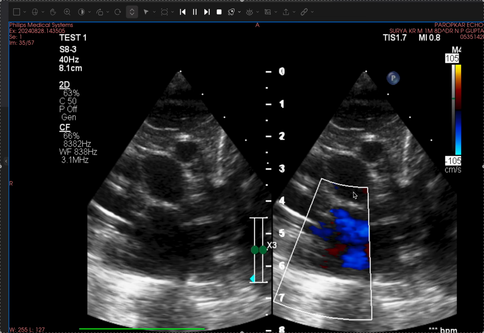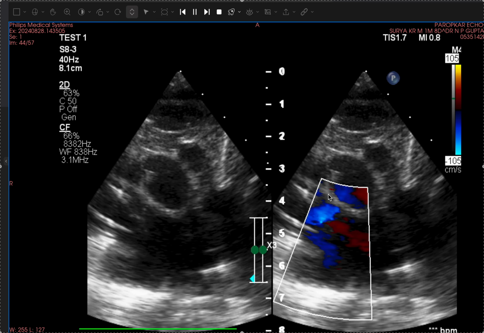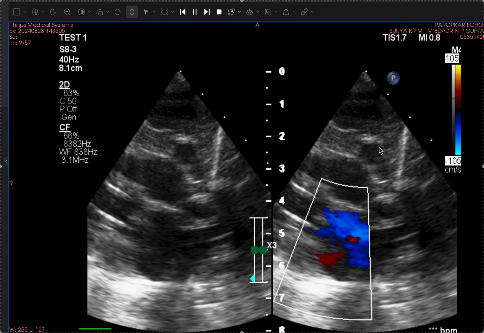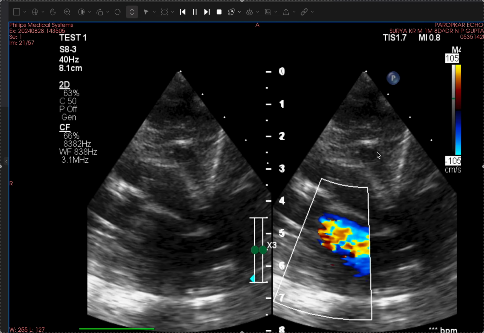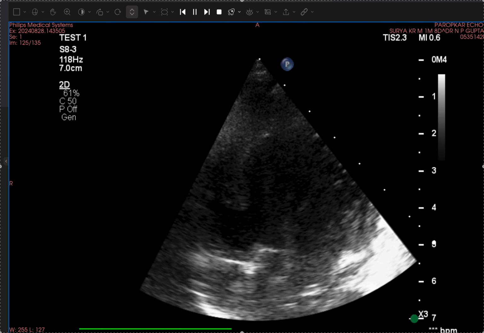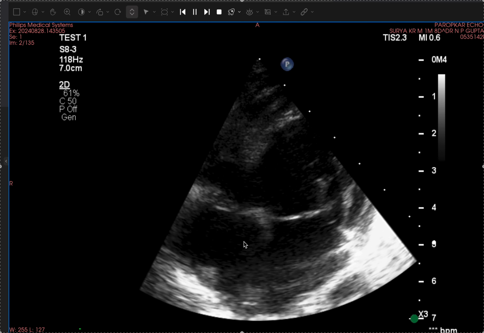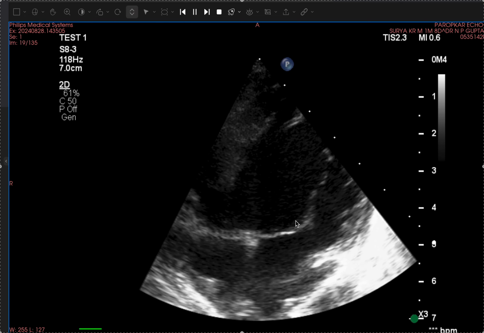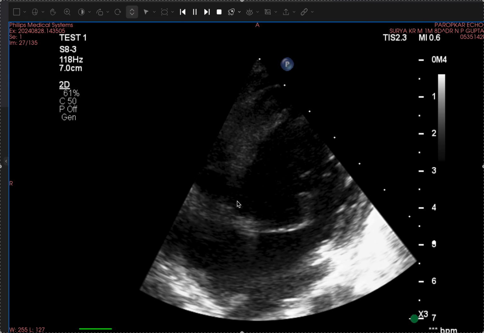Here you will see the bifurcation of pulmonary artery, right and left, and this is aorta. Aorta is anterior and slightly left of that of pulmonary artery. This is tricuspid atresia. This is mitral valve, and this is inlet VSD.